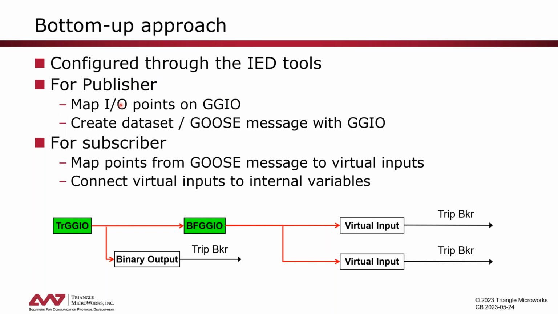We more or less map the IO points that we had before on our binary outputs and inputs on GGIO logical nodes, create data sets, a GOOSE message with GGIO, and on the subscriber side, we would more or less receive these signals to virtual inputs and can then perform the required action. This is relatively straightforward, but it's not very well using the semantic data model of IEC 61850 as we are using GGIO logical nodes.